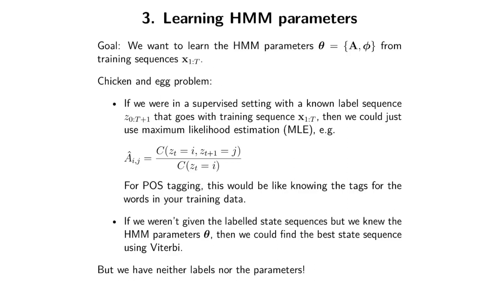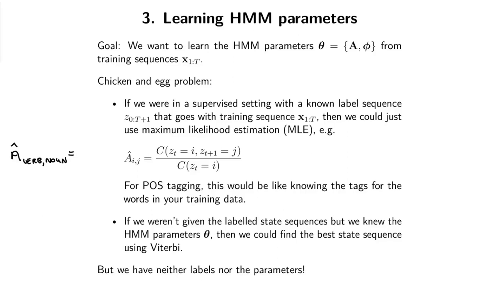So very quickly, how would you do this? If I gave you the z's, and I ask you, what's the probability of transitioning from a verb to a noun? I tell you that with your training data, there's a sequence of part of speech tags as well: this is a verb, this is a noun, this is a noun, this is a determiner, this is a noun, this is a pronoun, and I give you that sequence with the x's.